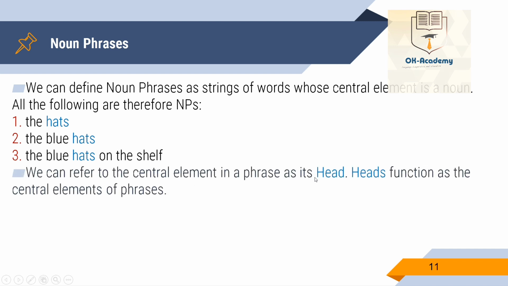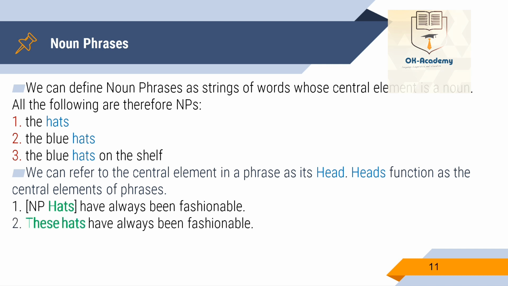We can refer to the central element in the phrase as its head. So when we say the blue hats on the shelf, hats is the central element. We call it the head of the noun phrase. Good. And then we have hats alone: Hats have always been fashionable.